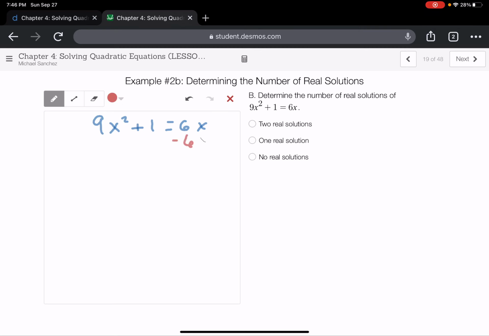So I'm going to move the 6x to the left side by subtracting it from both sides, so I can get it equal to 0. We need it to be in standard form. We have 9x to the power of 2 minus 6x plus 1. Now let's label this A, this is B, this is C.